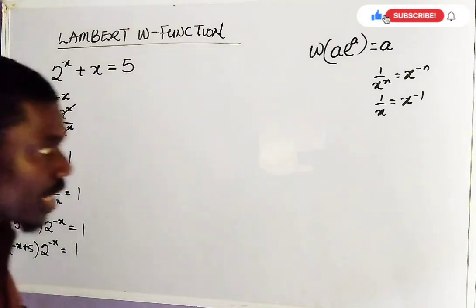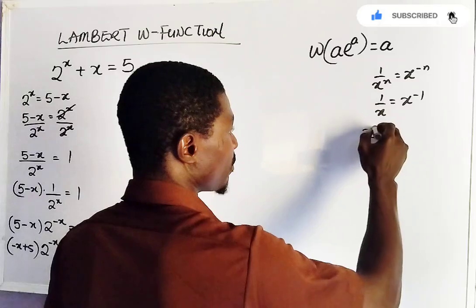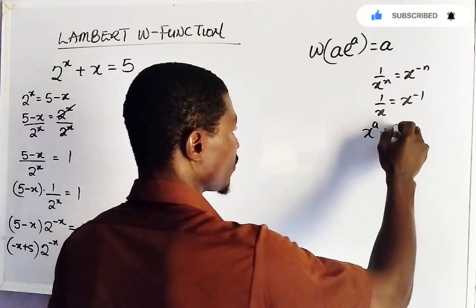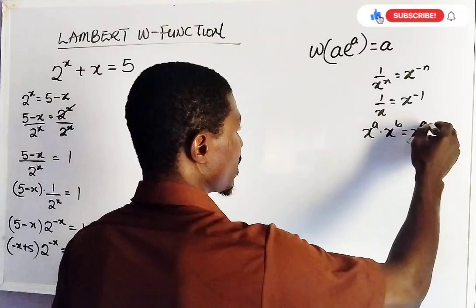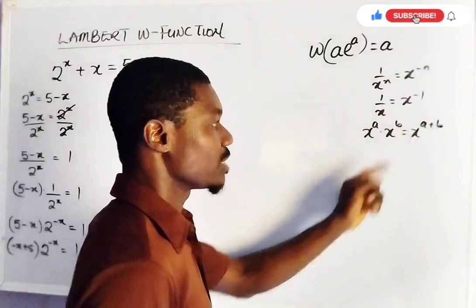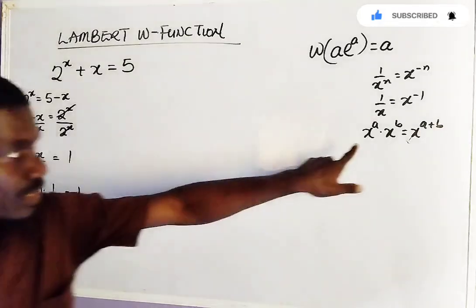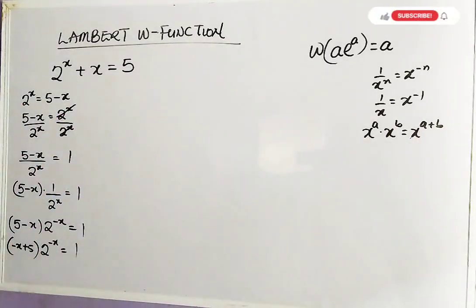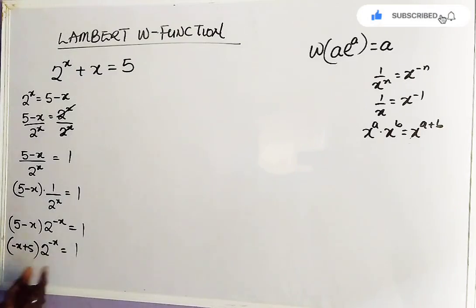Alright, now let us come back to indices again. Take note that when we have x raised to the power of a times x raised to the power of b, this gives us x raised to the power of a plus b, as long as they have the same base. Okay? So if we look at this rule, it means for me to include plus 5 at the exponent here, I will need to multiply both sides of the equation by a base that is 2 with a power of 5.